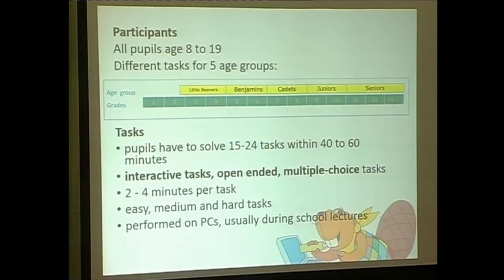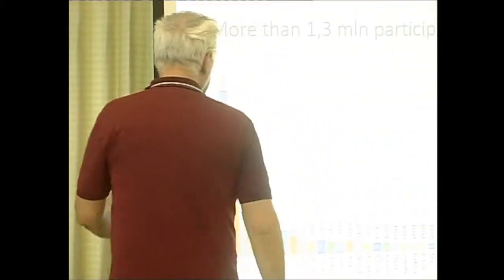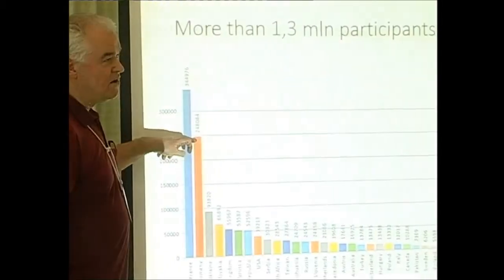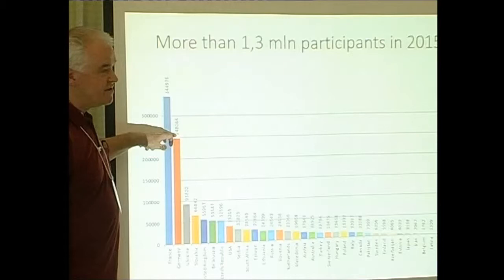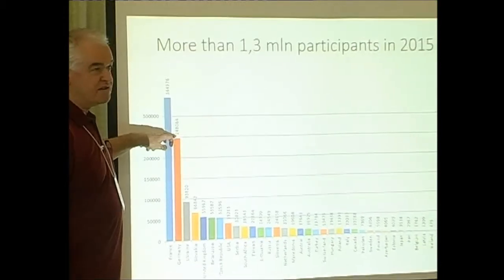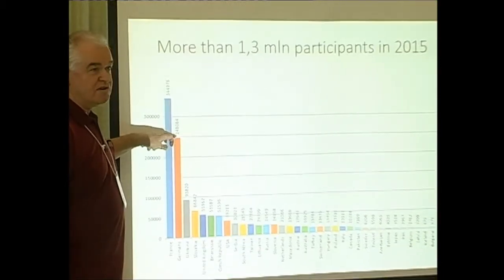You heard about the countries. We had 36 countries in 2015, and in total 1.3 million participants, most of them in France, and also a lot, 250,000, in Germany, but the other countries are also very good.